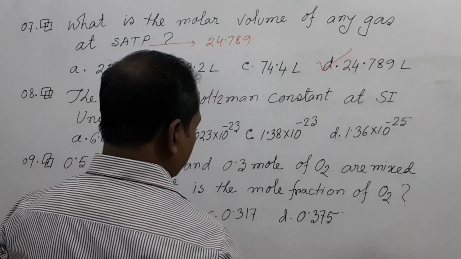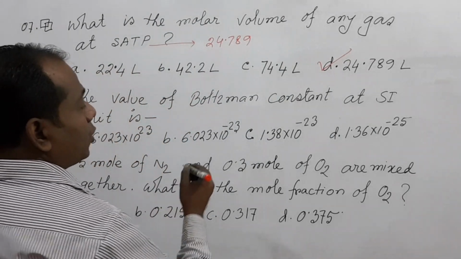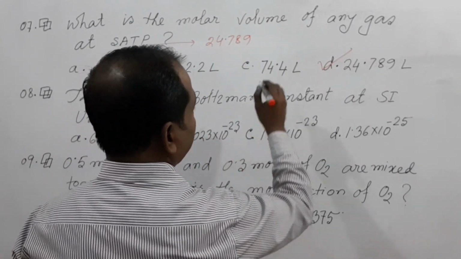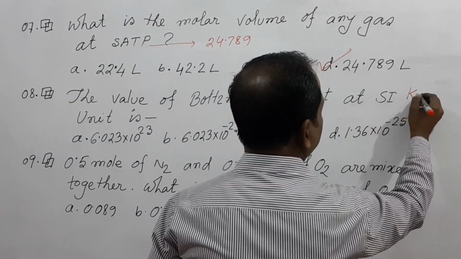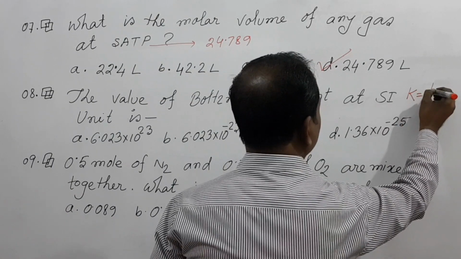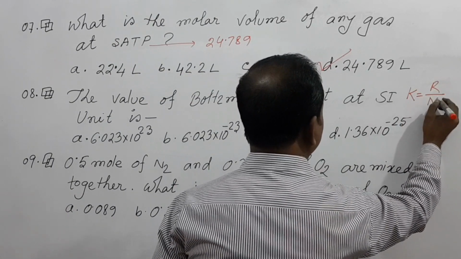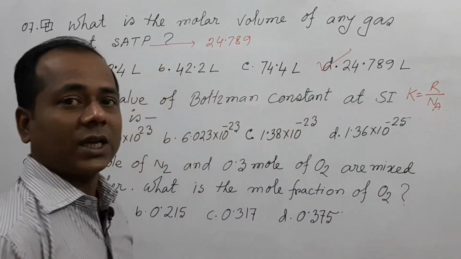My dear students, we know that Boltzmann constant K equal to molar gas constant R divided by Na.